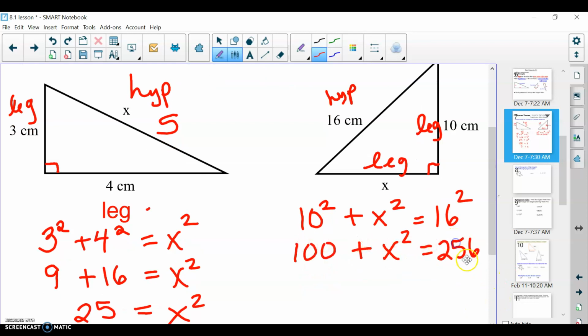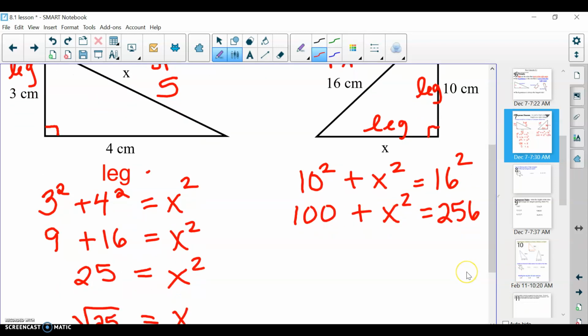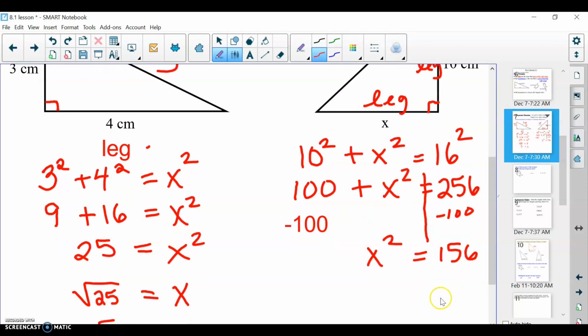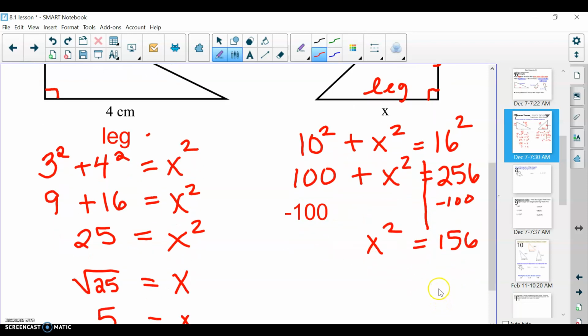Now again, we're just doing algebra here, solving. So I want the x all by itself. That means I'm going to subtract the 100. So then I get x squared equals 156. All right, and the last step then is to get the x all by itself.